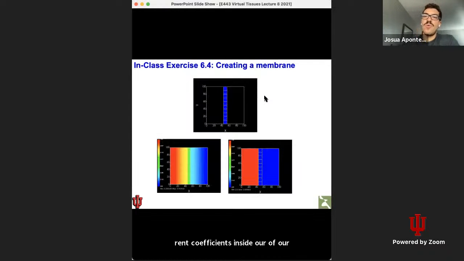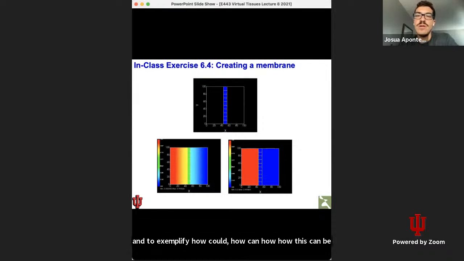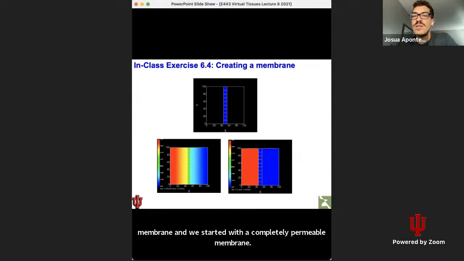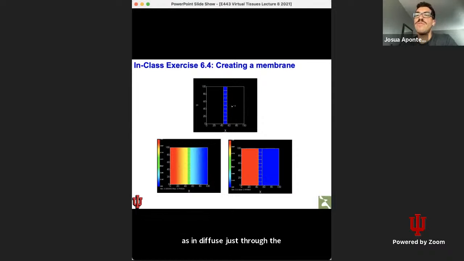And to exemplify how this can be done in CompuCell, we simulated diffusion through a membrane, and we started with a completely permeable membrane, where we saw that the field diffused through the membrane just as it diffused through the rest of the simulation domain, what we call the medium.